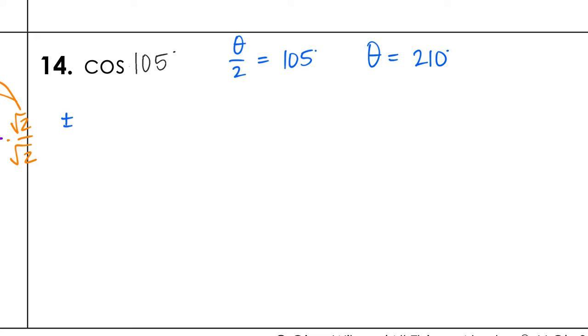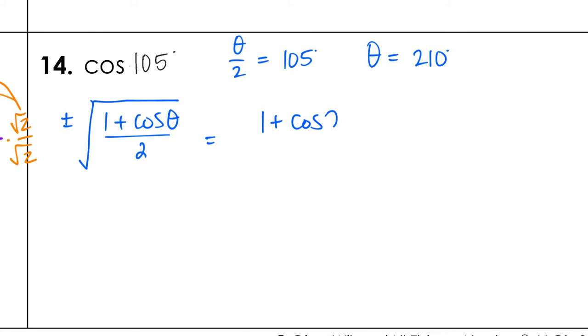Plus or minus 1 plus cosine theta over 2, and all of that was in the square root. Okay, so let's fill that in. Instead of theta, we're going to put in our 210. 210 is on our unit circle.